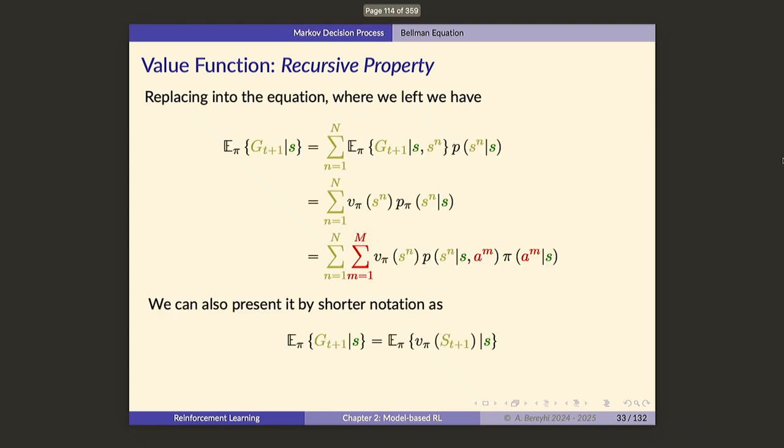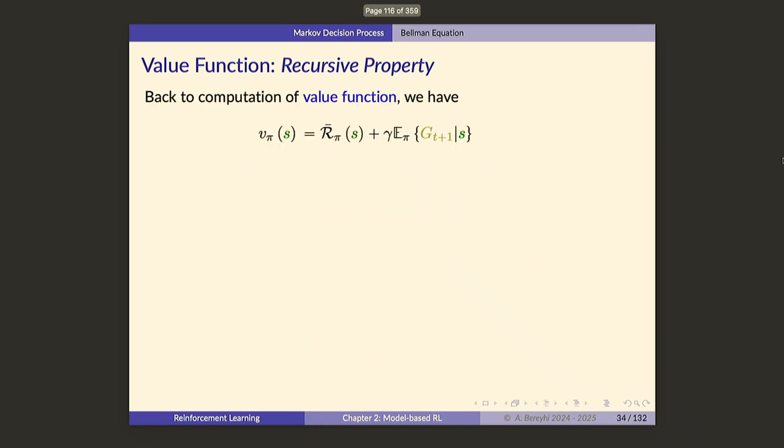I should put this, right? So the expectation of the next future reward is going to be the expectation of the value function in the next state. And if you do that, then you're going to end up with this expression. I can always expand it, right? I can write down that expectation of the next state in terms of the probability. Everybody's cool?